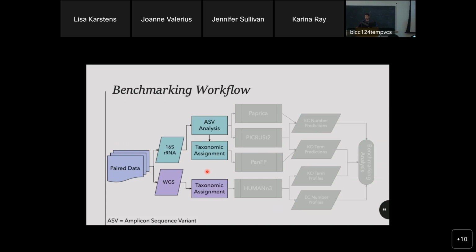So for 16S RNA, this consisted of ASV analysis that identifies relevant sequences, followed by taxonomic assignment, where taxonomy was assigned to all the sequences that were identified. For WGS, processing consisted of sequence cleaning, followed by taxonomic assignment. So the result of processing was taxonomic composition for each of these types of data.